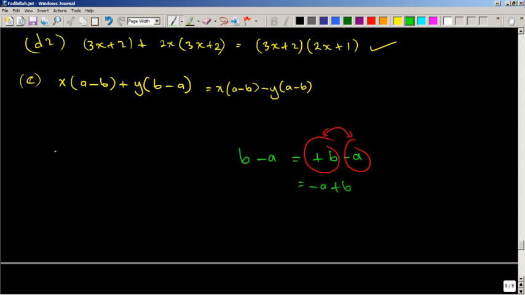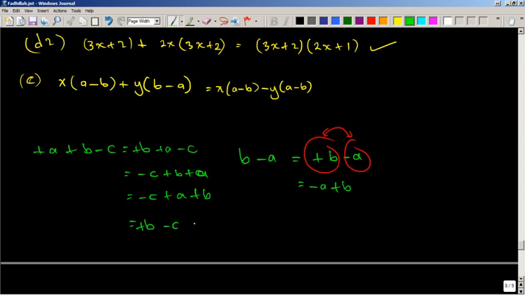If I have A, B, and C, A plus B minus C. That's actually a plus in front of A, but I choose to hide it. This is the same as plus B plus A minus C. It is also the same as minus C plus B plus A, or minus C plus A plus B. It is also the same as plus B minus C plus A. You can jumble the numbers any way you like, but they are still the same.